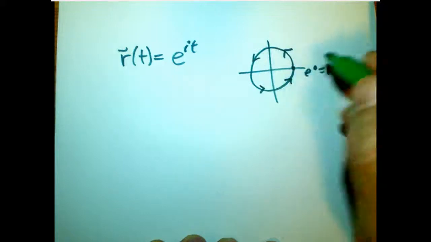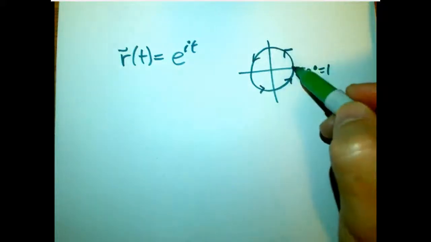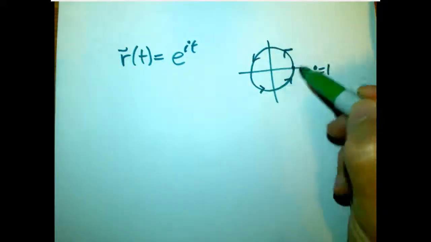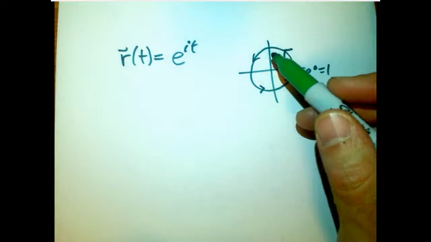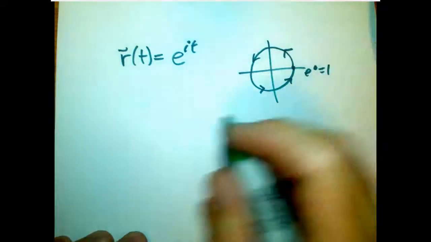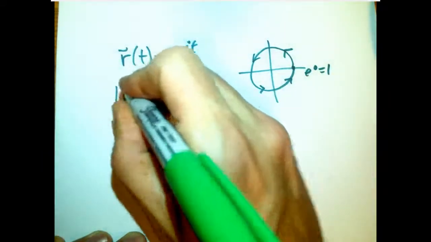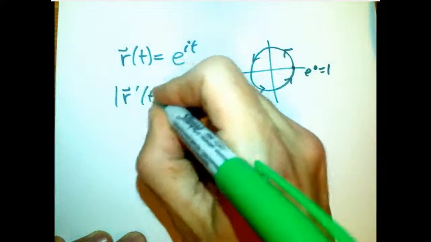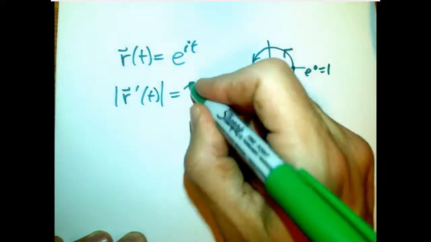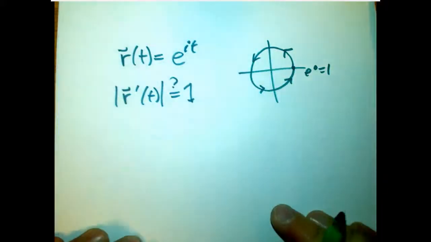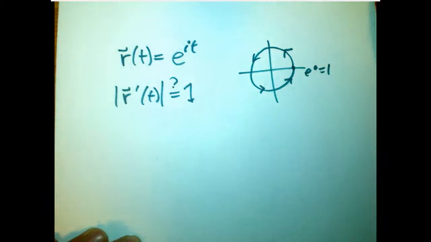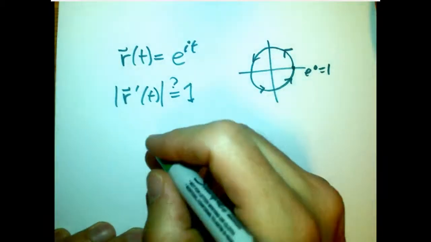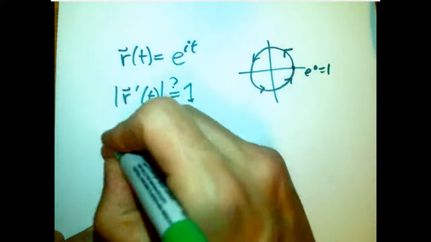We can check that. And I'd like to say that it actually travels around the unit circle in a beautiful, simple way. In particular, I'd like to show that the magnitude of its velocity vector is equal to 1. Okay, so why don't you try and do that? It's a good place to pause.